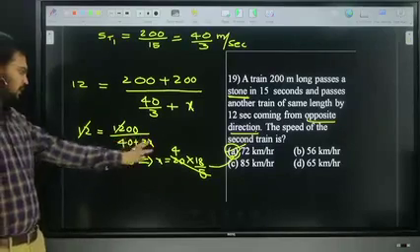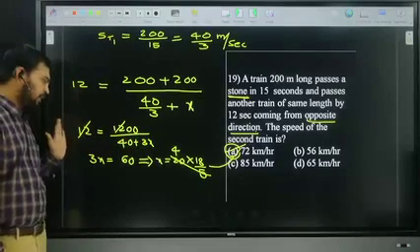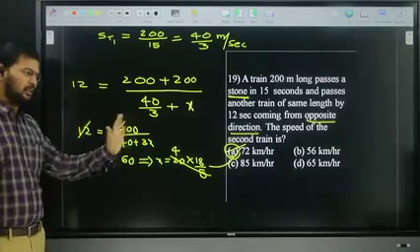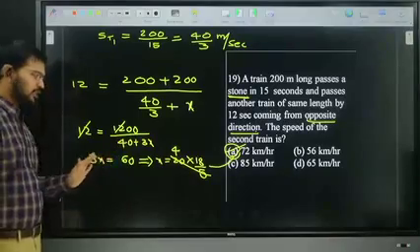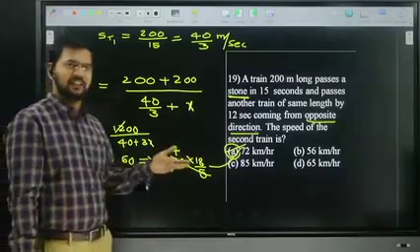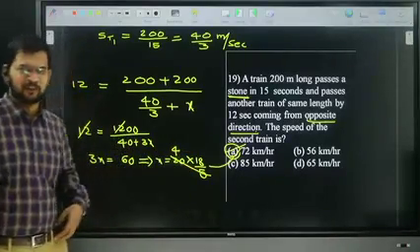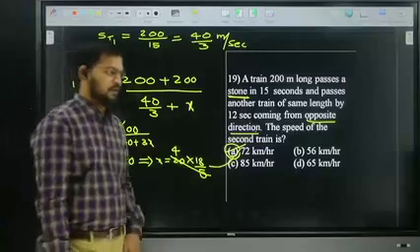40 plus 3x, 40 comes to that side. 3x is equal to 60. X is equal to 20. 20 meter per second is nothing but 72 kilometer per hour. All of you okay?